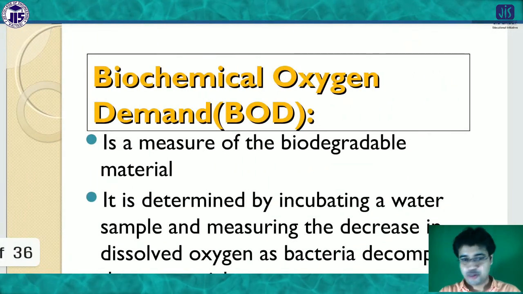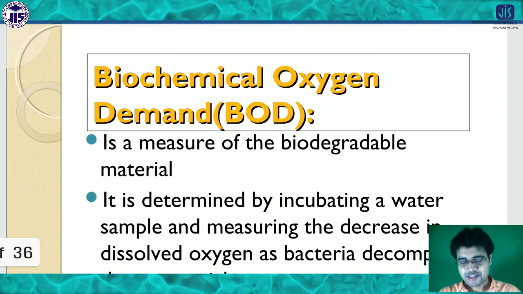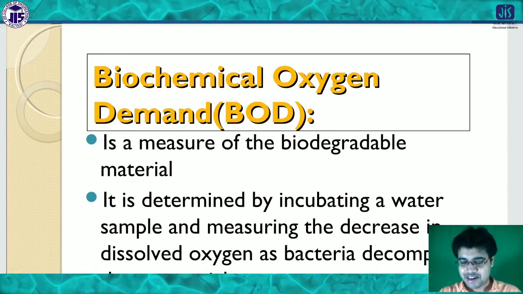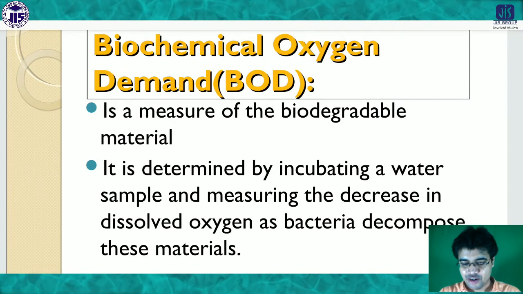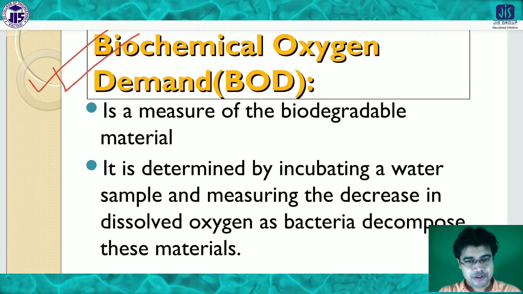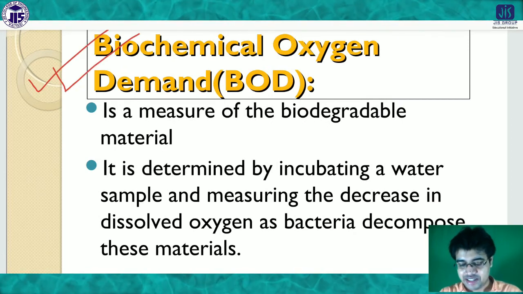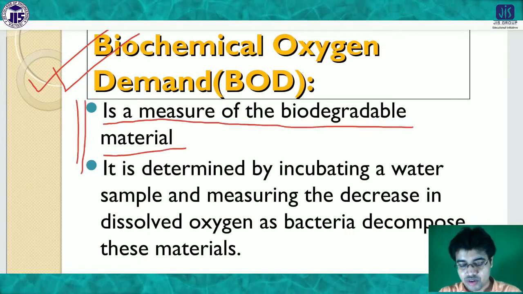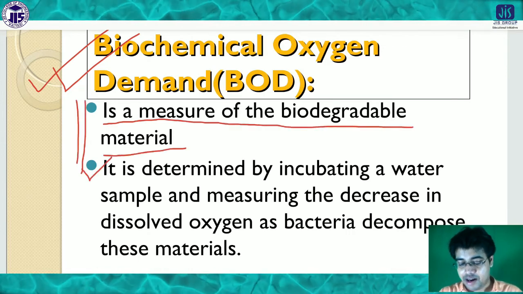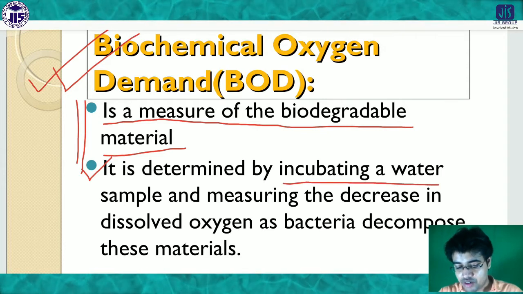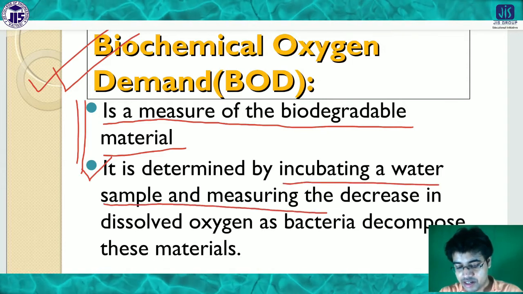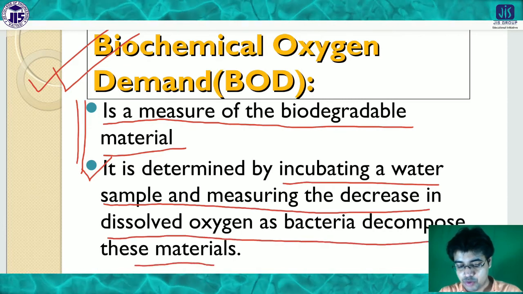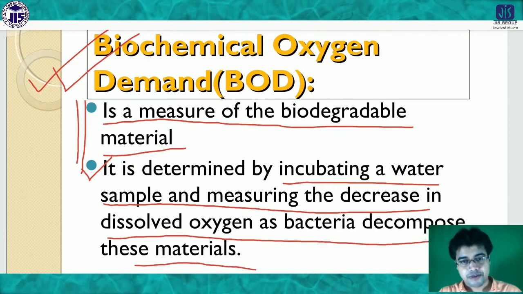Now the most important term of water pollution is biological oxygen demand. What is biological oxygen demand? It is a measure of the biodegradable materials. It is determined by incubating a water sample and measuring the decrease in dissolved oxygen as bacteria decompose these materials.